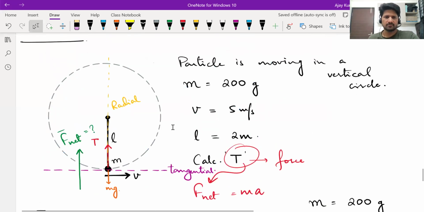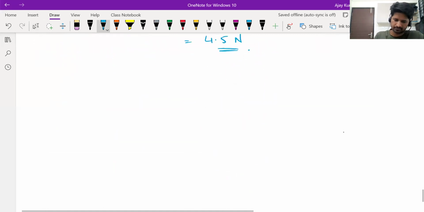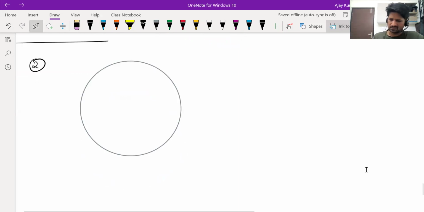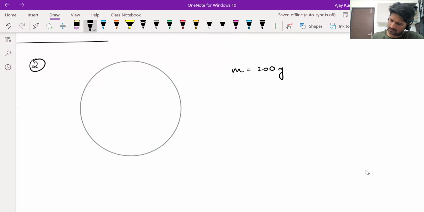Let's try another question based on a similar situation. Consider the same object itself moving in a vertical circle. Mass is 200 grams.